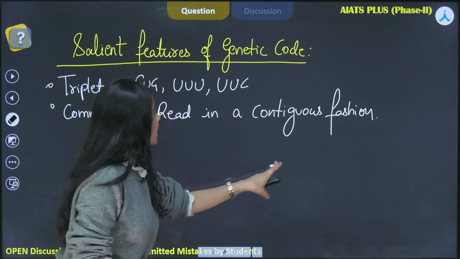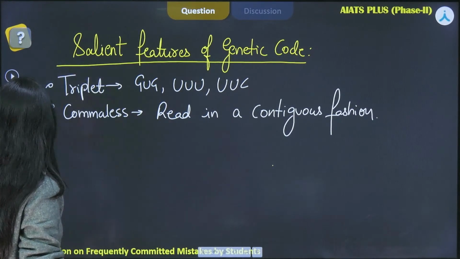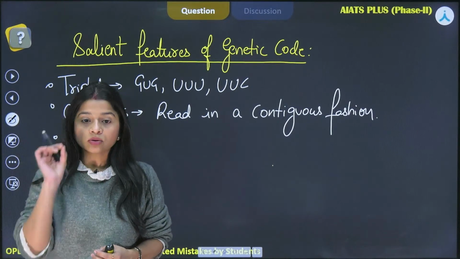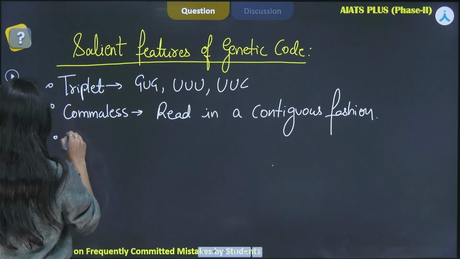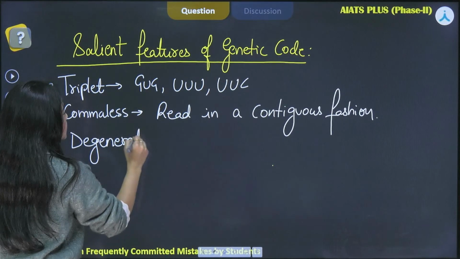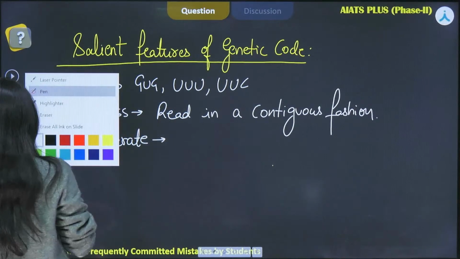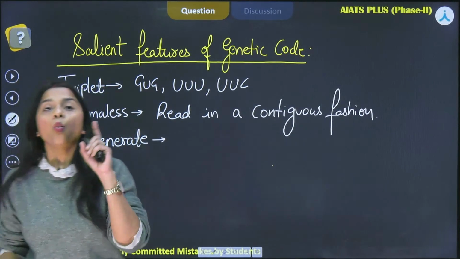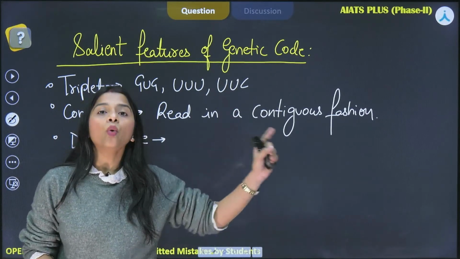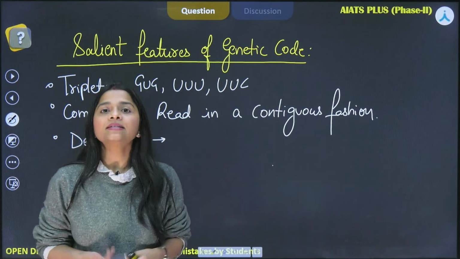The third characteristic feature over here is the genetic code is basically degenerate. Okay, now this is a very important characteristic feature. Question is asked, what do we understand by the degeneracy of the genetic code? It says that one amino acid can be coded by more than one code. Okay, what do we understand by this?